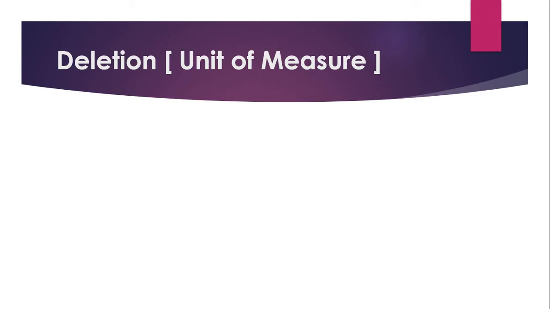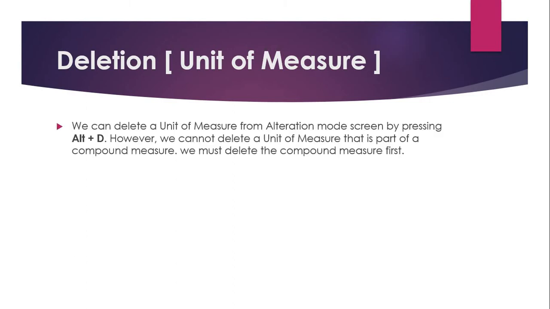Deletion of unit of measure. We can delete unit of measure from alteration mode screen by pressing Alt D. However, we cannot delete a unit of measure that is part of a compound measure. To delete such unit of measures, we must first delete the compound unit.